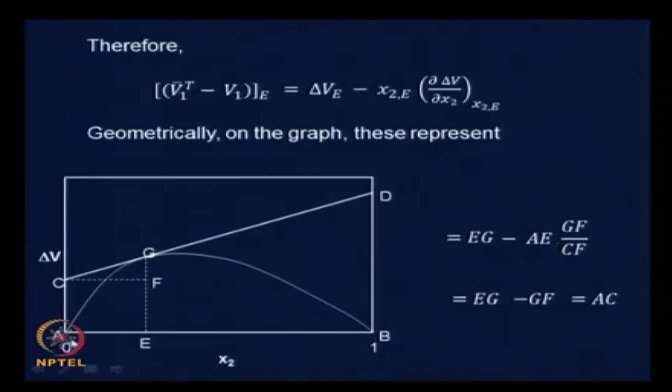Why? Because AE and CF are the same quantities, therefore you can cancel AE and CF here. Therefore, EG minus GF, which is nothing but AC, which is nothing but the intercept of the tangent made at the point G on the y axis.